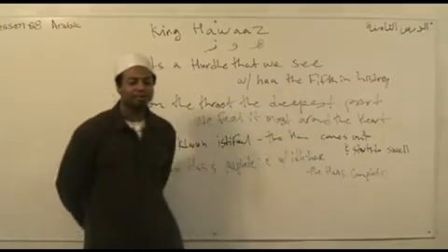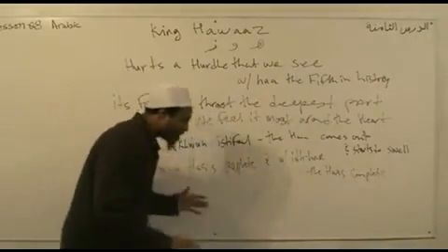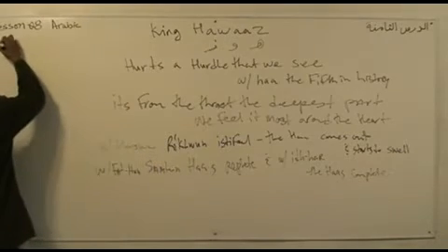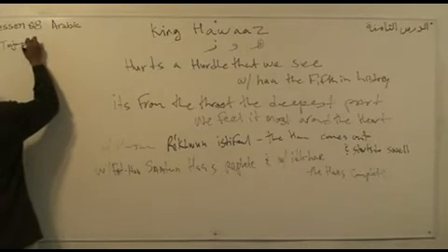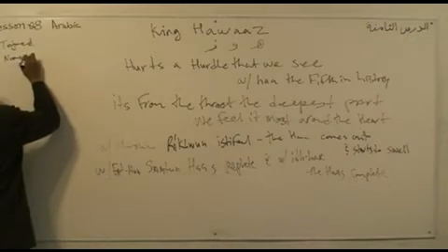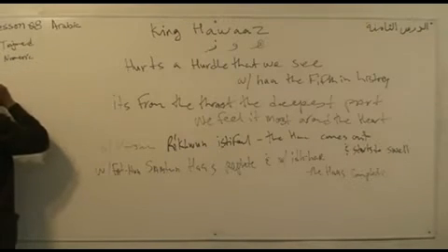What do we learn here? We already know this letter that we're looking for. What are we looking for here? We're looking for the tajweed rule, the numeric value, and what else?